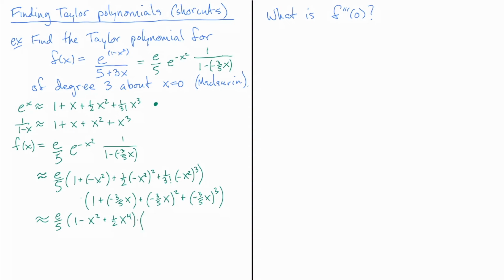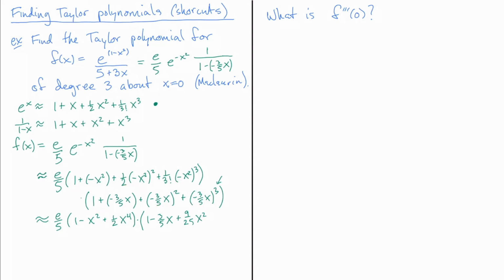And now we're going to multiply that by 1 minus 3/5x plus 9/25x squared. And now the question is, do I need this x cubed? Well, that x cubed is going to get multiplied by a 1. So I will need this one in getting up to degree 3 because I want to include every possible degree 3 term when I multiply these two expansions.